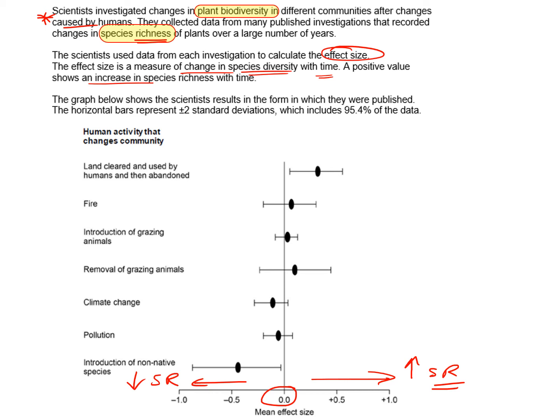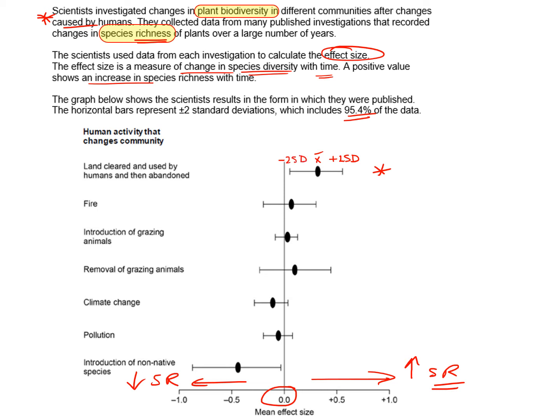The horizontal bars represent plus or minus 2 standard deviations above or below the mean value, which includes just over 95% of the data. So if we look at this data point at the top, that's the mean value, the mean effect size. Here we've got plus 2 standard deviations, and the other bar is minus 2 standard deviations.